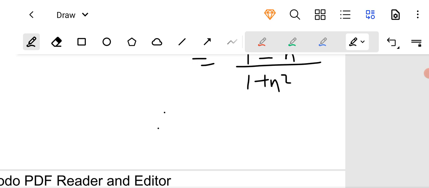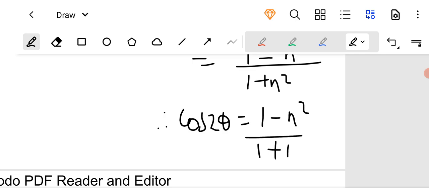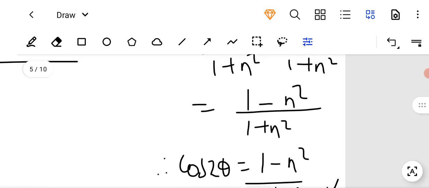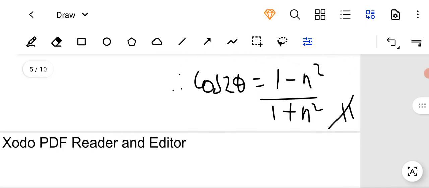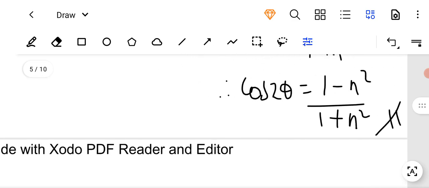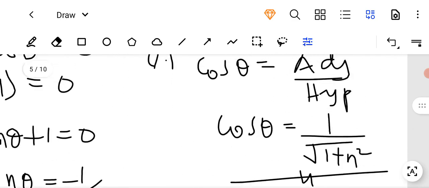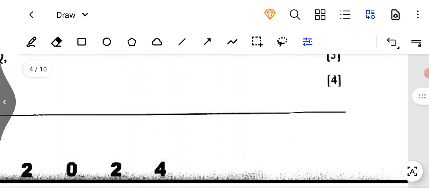Well, then you can just conclude, therefore, cos 2 theta is equal to 1 minus n squared divided by 1 plus n squared. So that is another way we can write cos 2 theta, and we are done. We get our 2 marks. It's just you simplifying, knowing what to do, that's all.